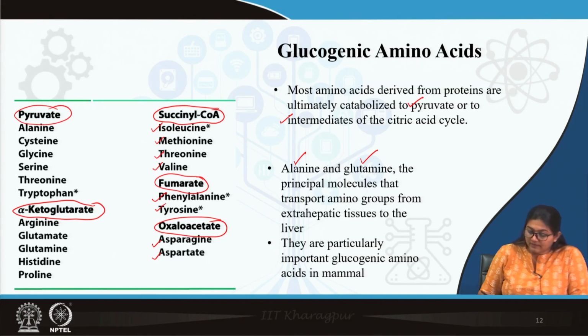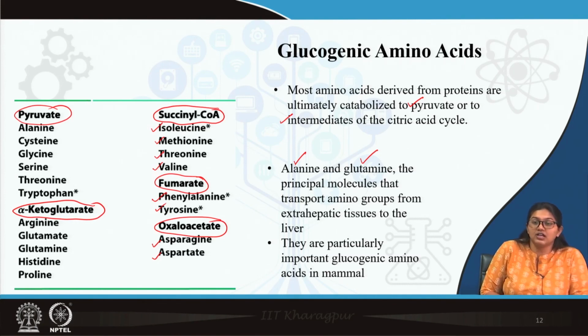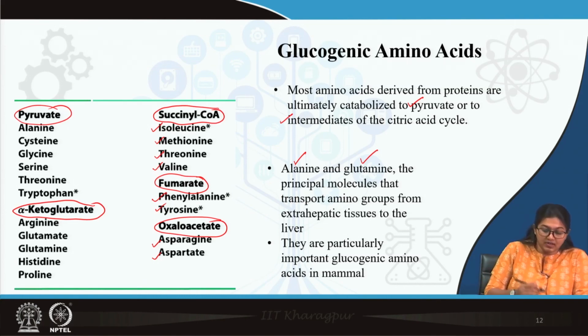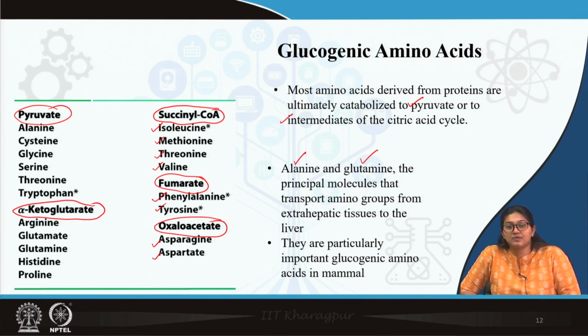Basically, the majority of the neoglucogenic amino acids enter the TCA cycle via formation of either pyruvate or alpha ketoglutarate. So, these are the major important glucogenic amino acids present in mammals.